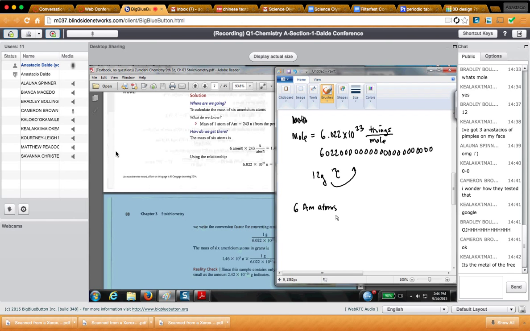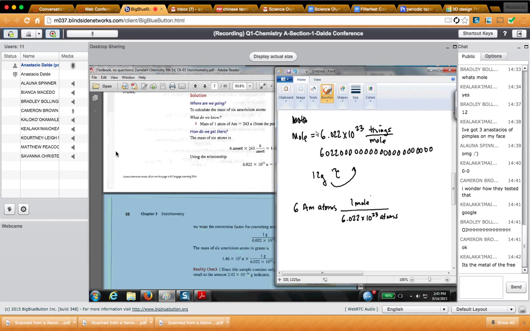If I have 6 atoms of this stuff, I guess the first question I would ask is, how many moles is that? So I would divide this by 6.022 times 10 to the 23rd atoms for every 1 mole. Does that make sense to you?